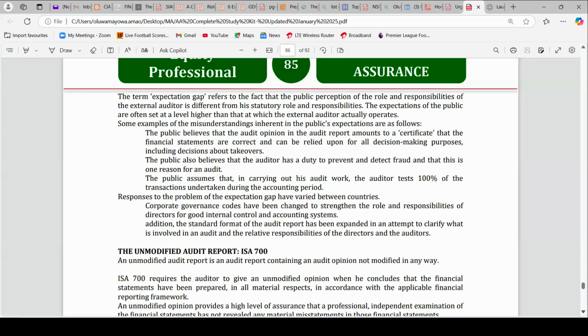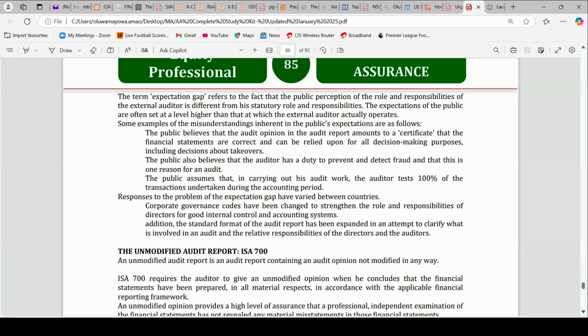Now, the second one is performance gap. The performance gap occurs because the public believe that there is nothing to audit work, that the audit work is just there because it is required by law, that the performance of audit work is not there.